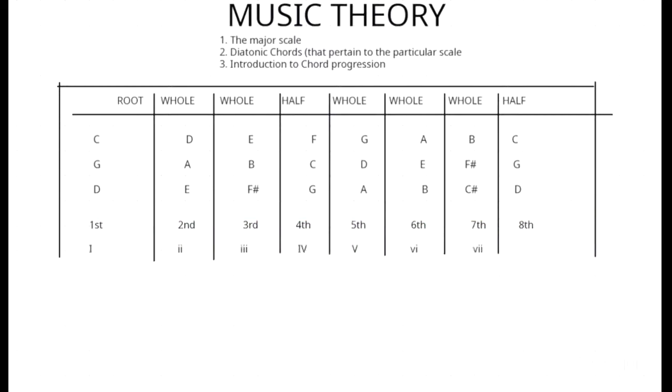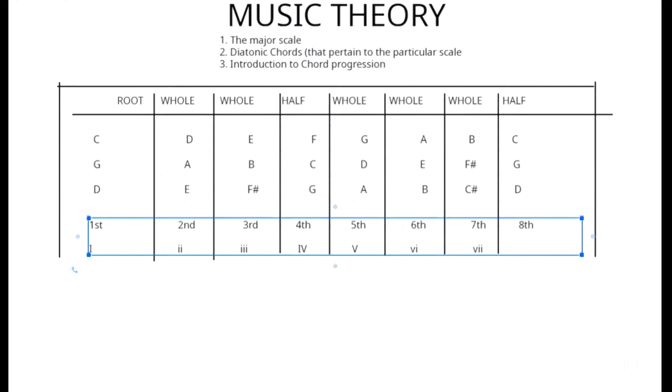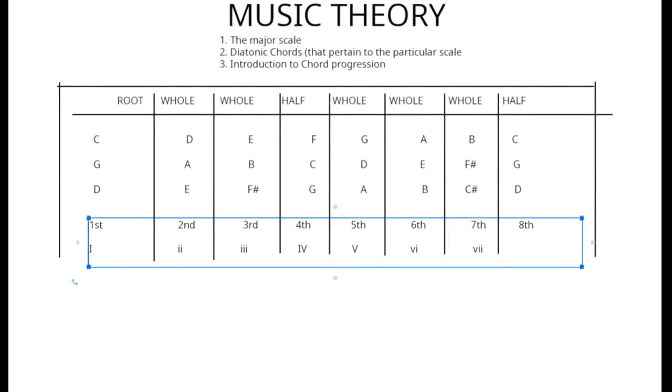So what would we be doing for these? We would be playing the chords. Remember we looked at the diatonic chords earlier? So for the 1 chord, you would be playing C, E, and G together.